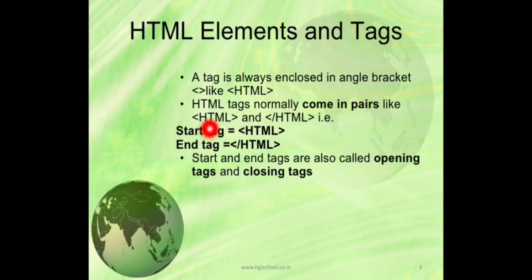This is the start tag, and a slash is there inside it. That means it is the end tag. So this is the HTML start tag, and this is the HTML end tag. Start and end tags are also known as opening tags and closing tags. Here we can call them the HTML opening tag and the HTML closing tag.